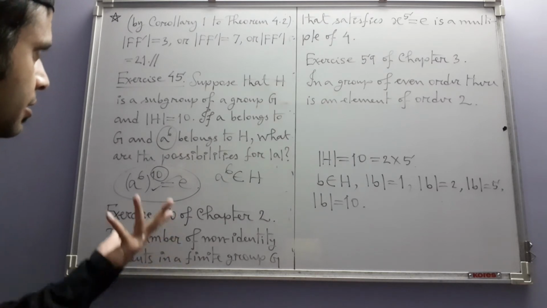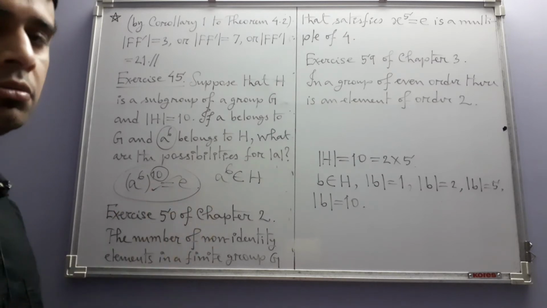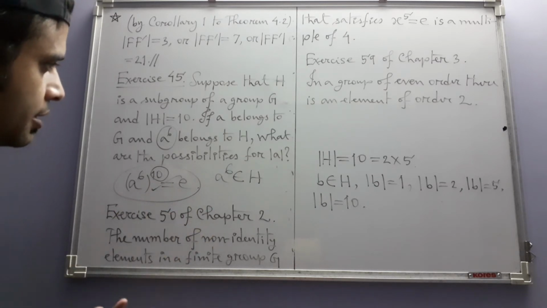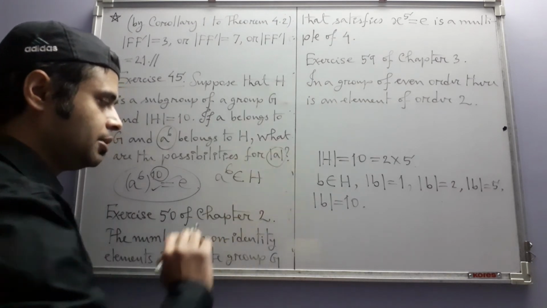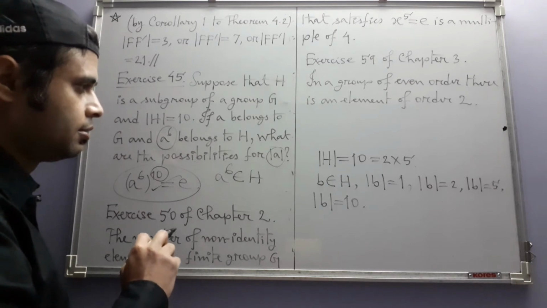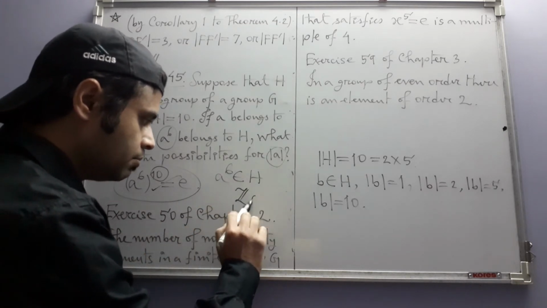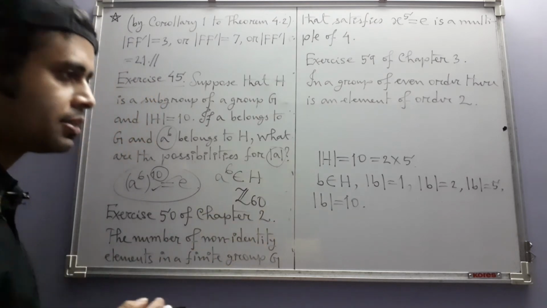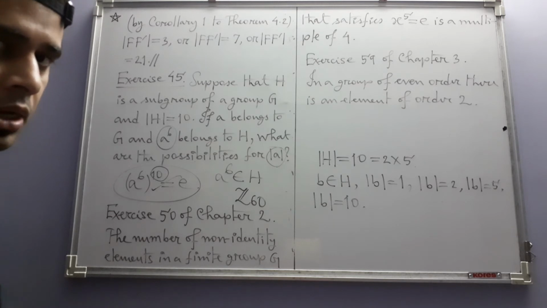Although the way this exercise has been given, it seems like this is the only way, because the answer is just that. The order of A should be a divisor of 60, and in that particular case where you have this group, all the divisors are attained as orders of some elements in the group.